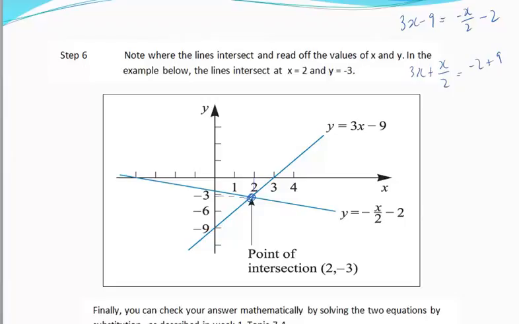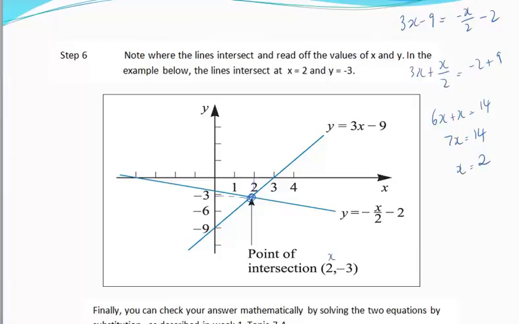If we want to get rid of this divide by 2, we're going to say 6x plus x is equal to 7 multiplied by 2, which is 14. 7x is equal to 14. X is equal to 14 divided by 7, which is 2. So this is our x is equal to 2.